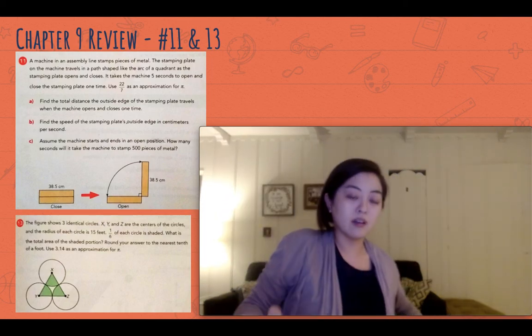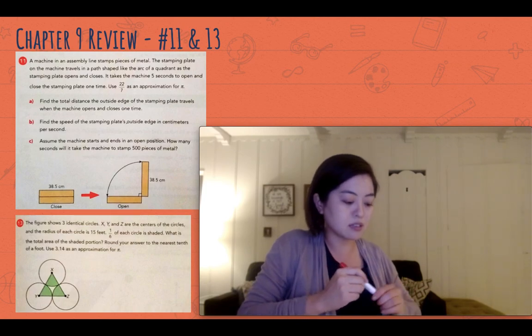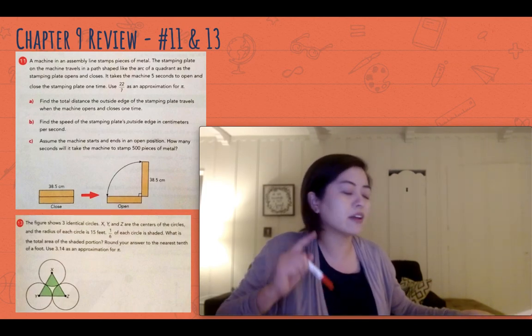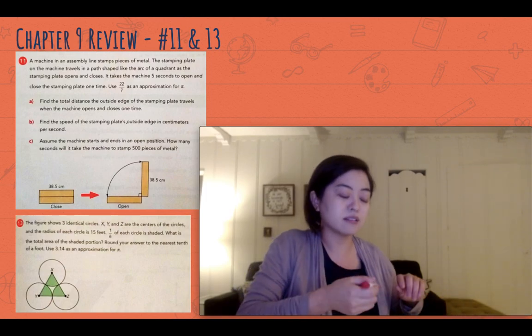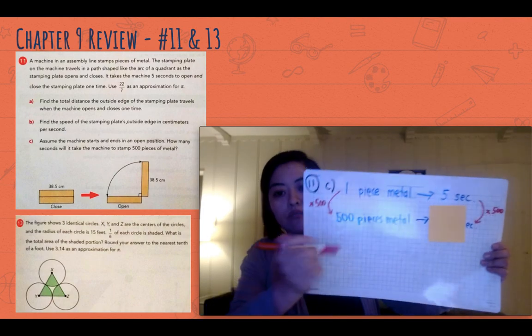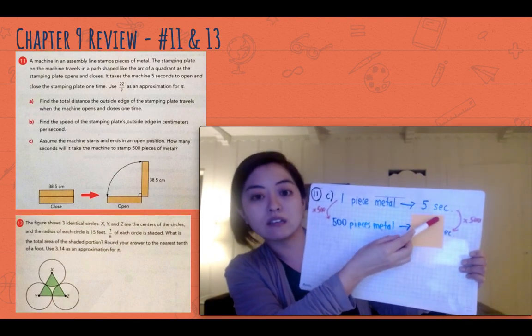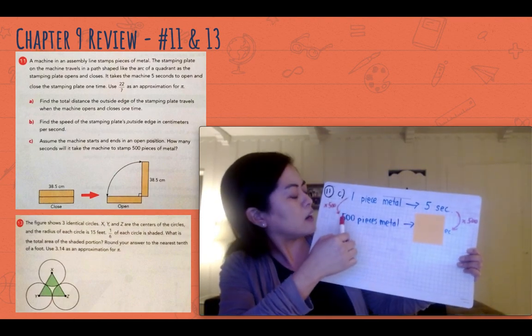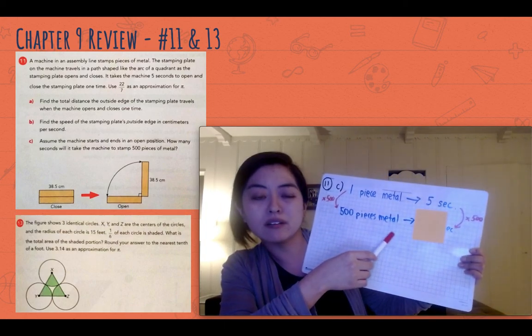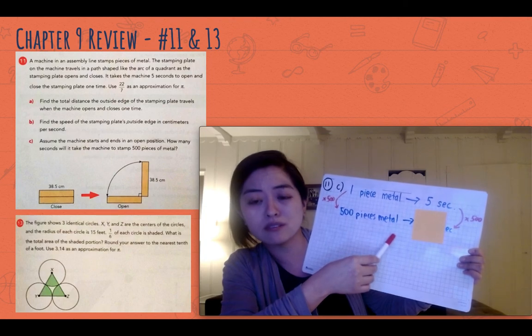All right, and part C. So we want to know, well, we know that one piece of metal takes how many seconds? Well, one piece of metal takes 5 seconds. How many seconds does it take to press 500 pieces of metal?